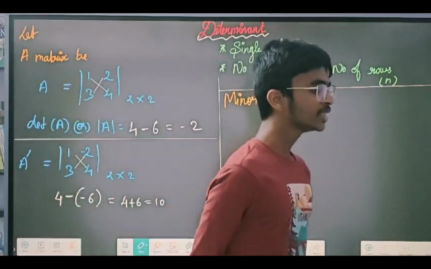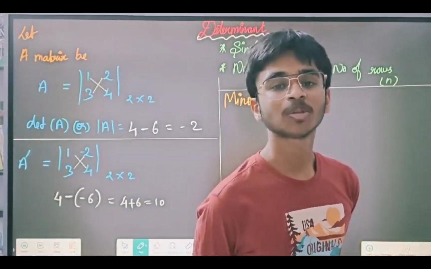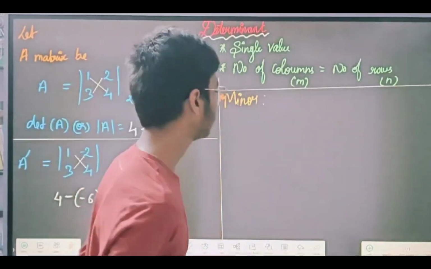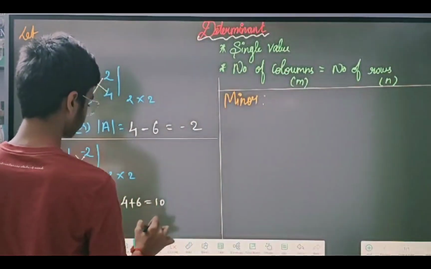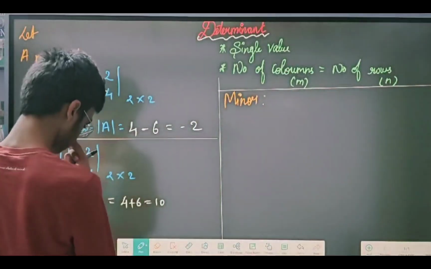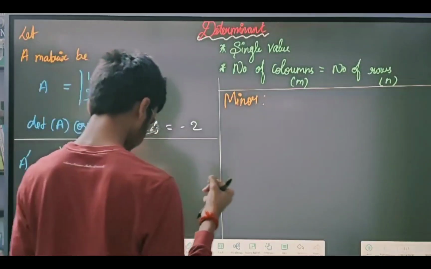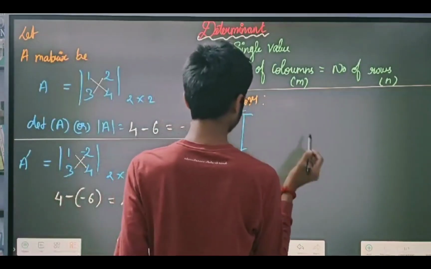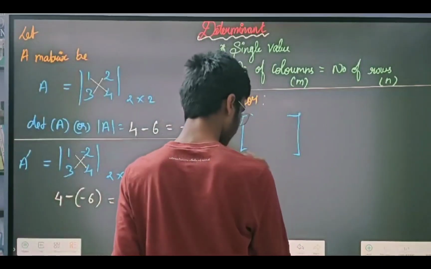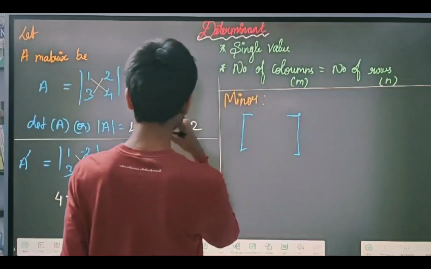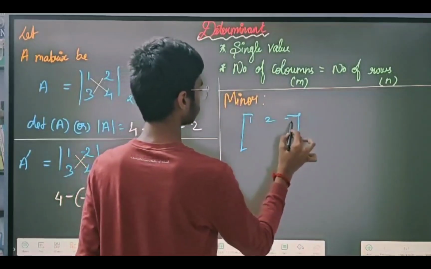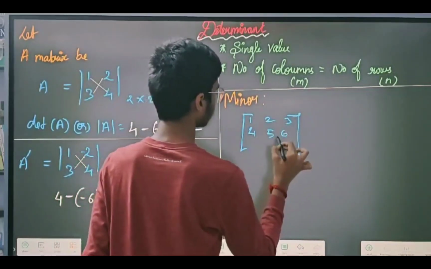Minor is going to be a determinant value, like this. If I'm considering this one, a matrix like 1, 2, 3, 4, 5, 6, 7.